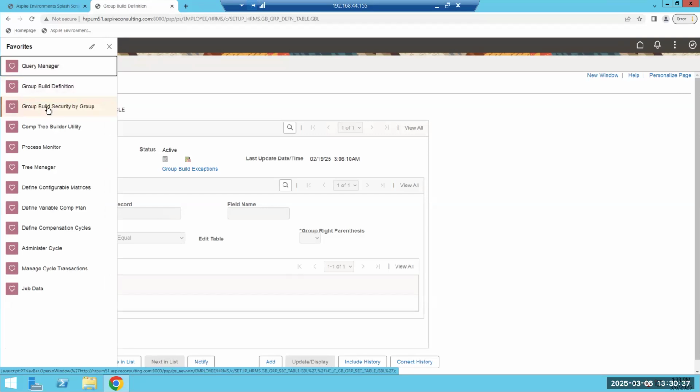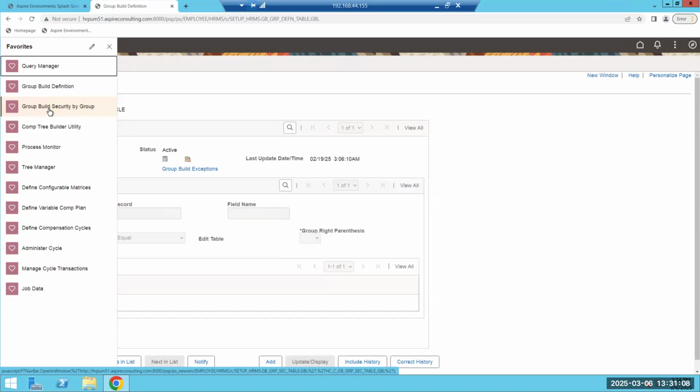In the interest of time, I'm going to skip showing you this part, but basically for each group, you need to have security for that group saying, okay, who's allowed to utilize that group. So there's a page where you would go and say who's your comp administrator, because they're the ones that are going to need to utilize that group when they define the compensation cycle.